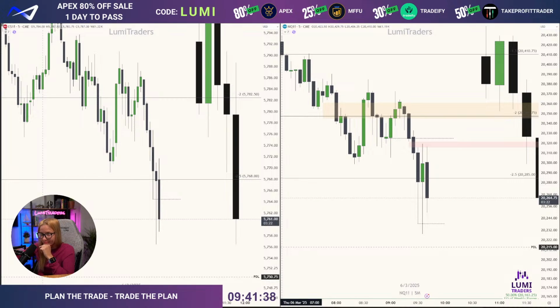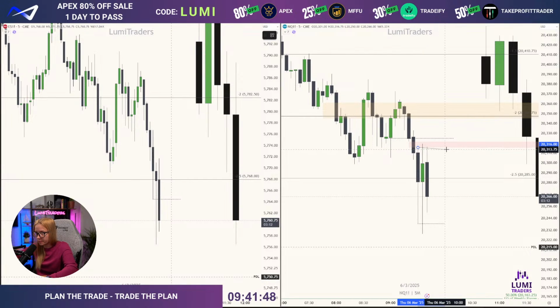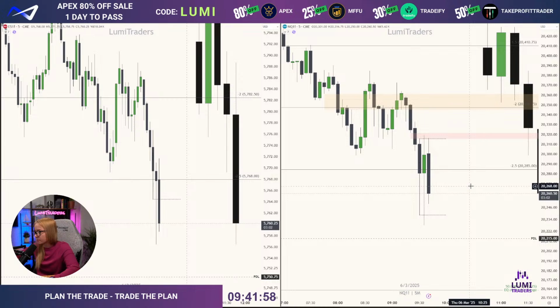We swept the high right here and the low right here of this candle. This 1-minute candle is crazy, just crazy.